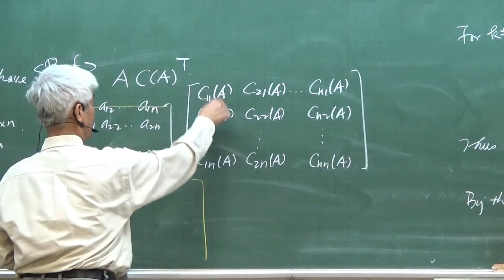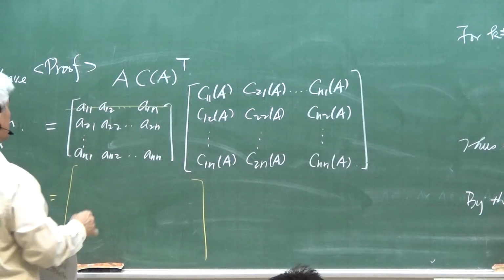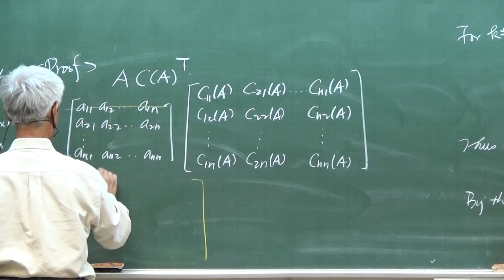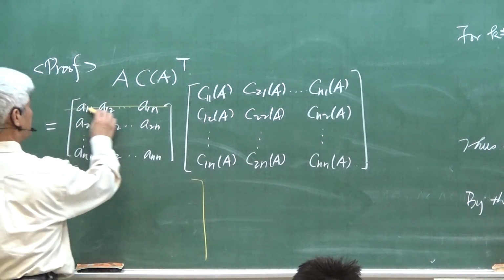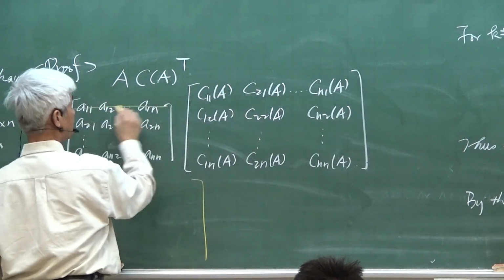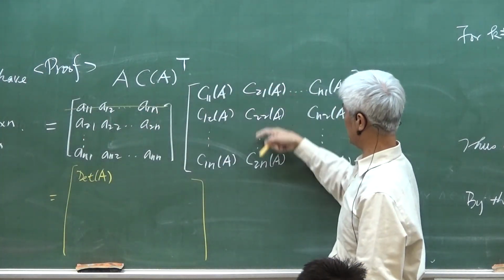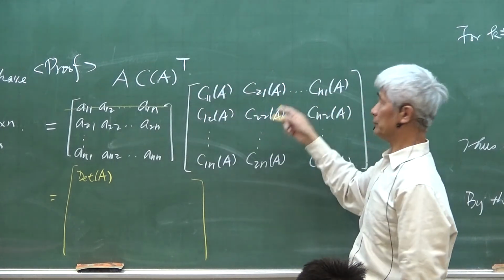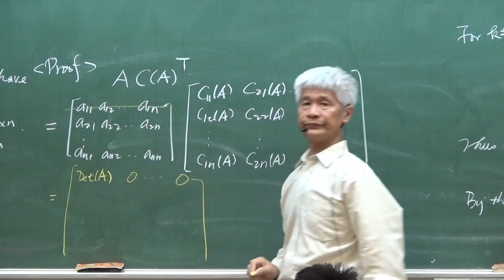So when you multiply them, by using our previous lemma, this is the determinant of A. And when you multiply the first row with the second row of C_A, because the index is different, it becomes 0. So we have 0, 0.